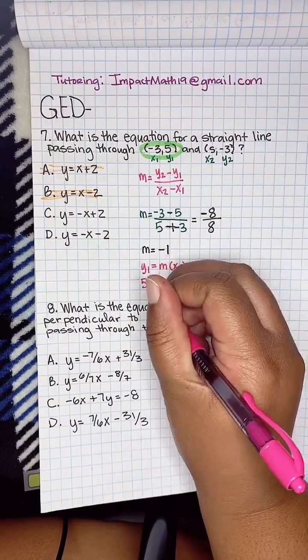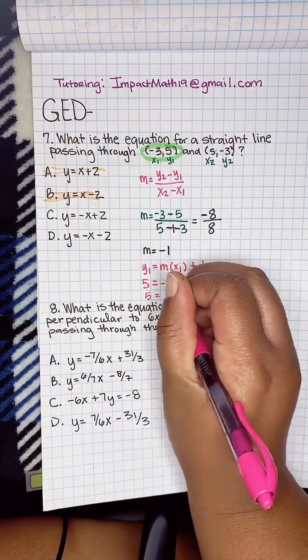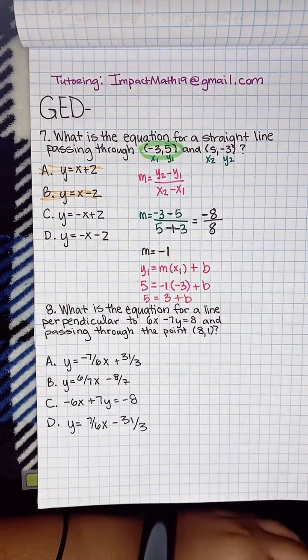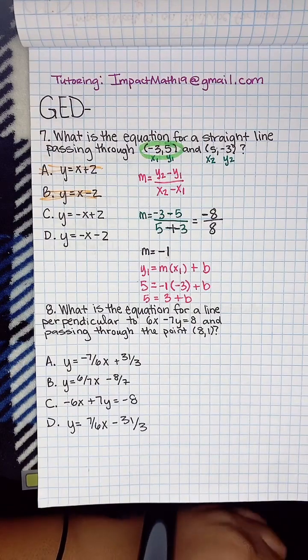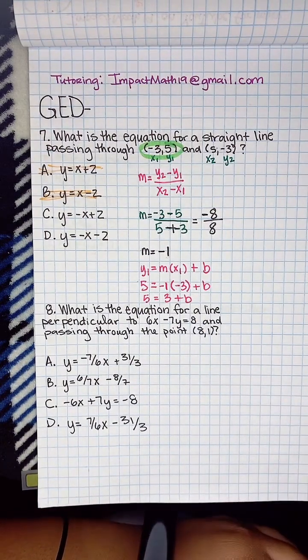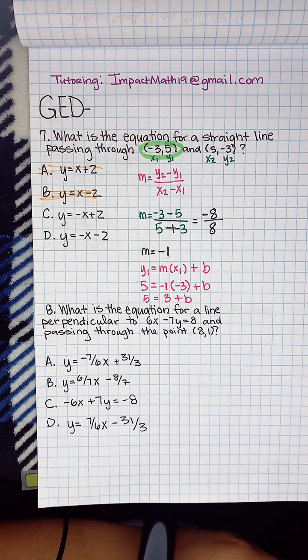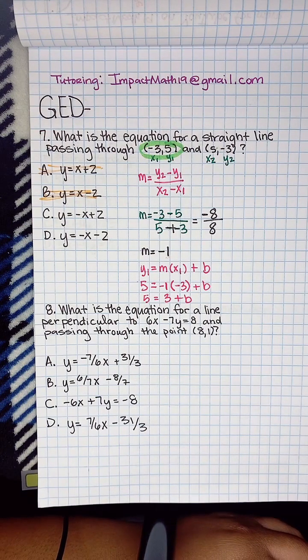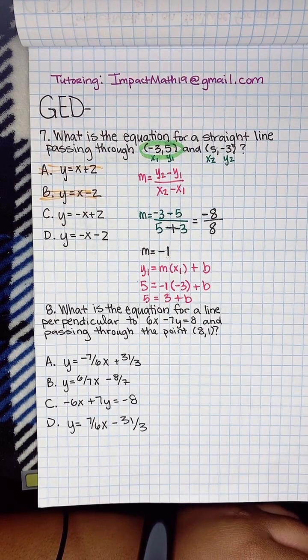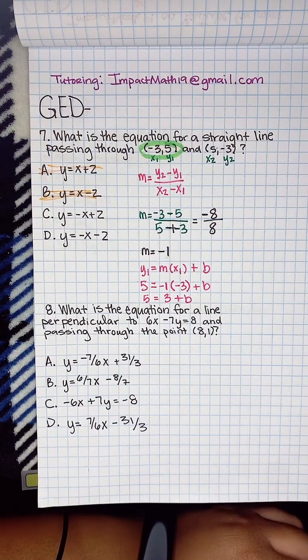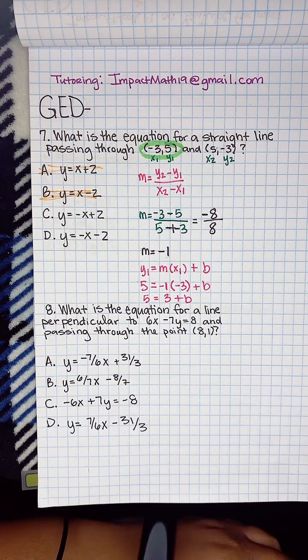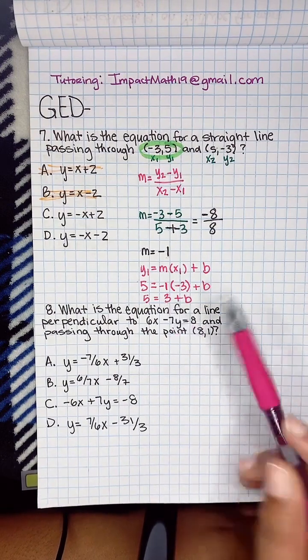So we have 5 equals 3 plus b. Now what do we do? Get numbers on one side. Good. How do I get my numbers on one side? I see the 3. What do we do with the 3? -3. Wonderful. We have to subtract this 3 because this is a positive 3.